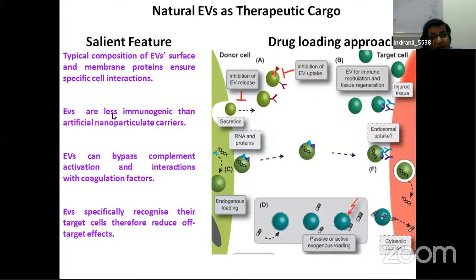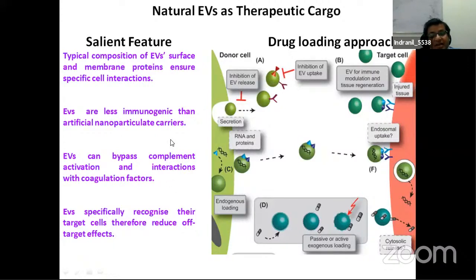These are often found to be less immunogenic because they are derived from cells and their membrane composition remains that of the native cells. Especially if you get it from autologous cells, there won't be any question of immunogenicity. And then it can bypass complement activation and interactions with coagulation factors.